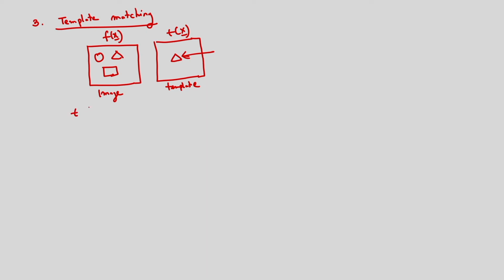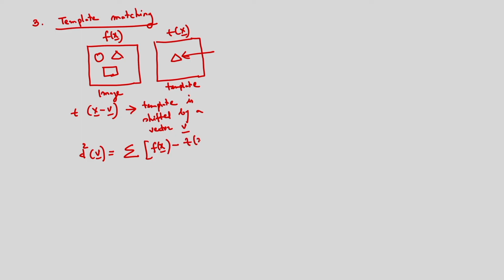The template is shifted by a vector suppose v. After this what I have to determine, suppose I am determining one measure, that is the distance measure I am considering: summation, that is for all the image points I am doing the summation, f x minus t x minus v.